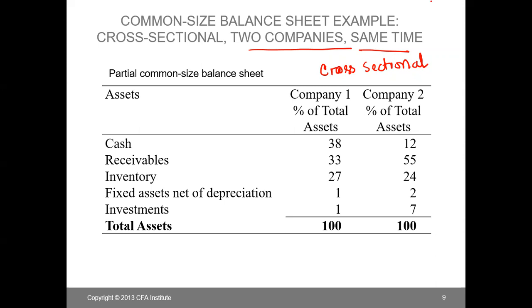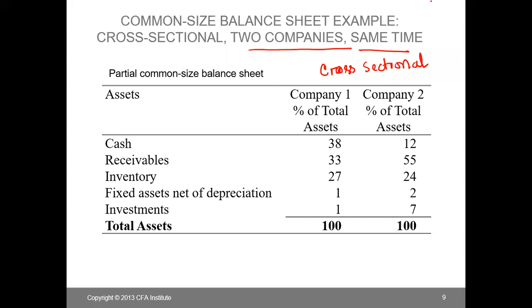So it is a comparison of two companies in terms of the common size financial statement. You see that in the balance sheet, company 2 has more receivables relative to company 1. Again, you have to look for the reasons why company 2 is generating more receivables relative to company 1.